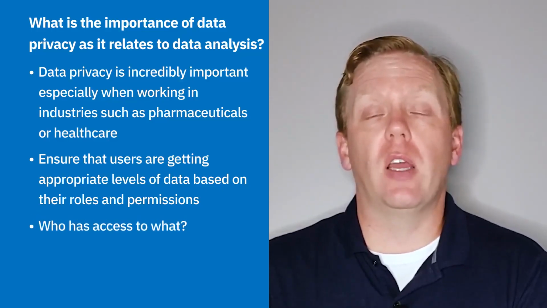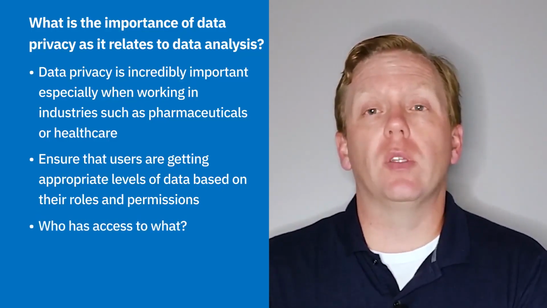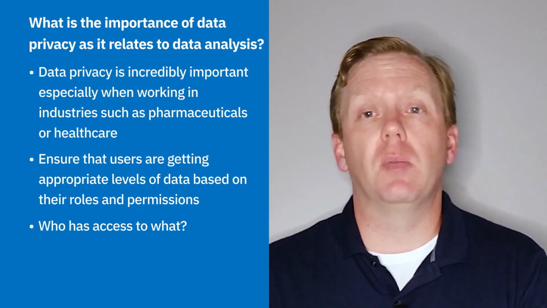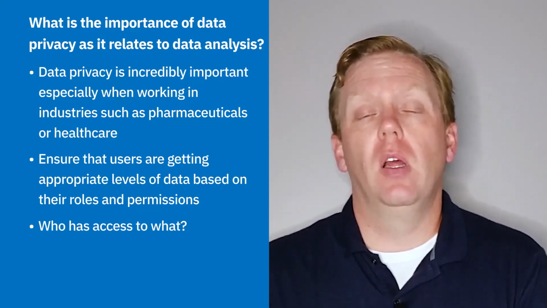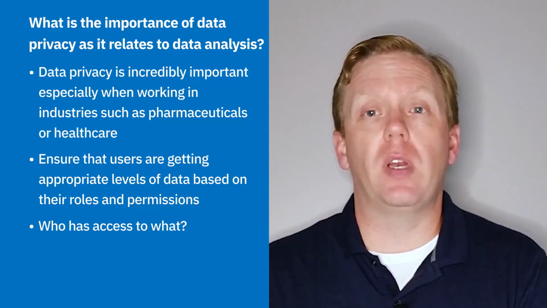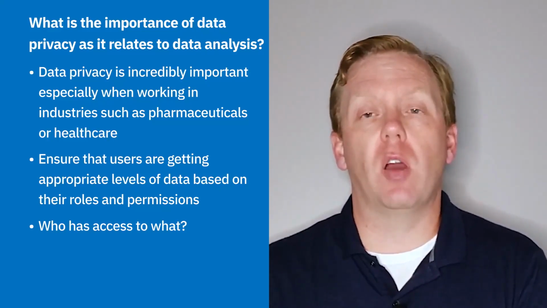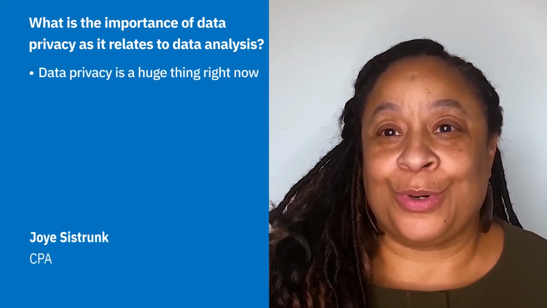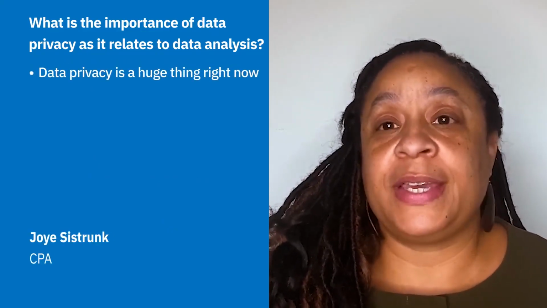Within there, you can say who has access to what, whether it's at a granular level, such as this person can see data in Canada or the US, or whether this person can see this report in its entirety or not. There are lots of different ways to handle this, but data privacy is of the utmost importance across all industries. In today's world, data privacy is a huge thing.